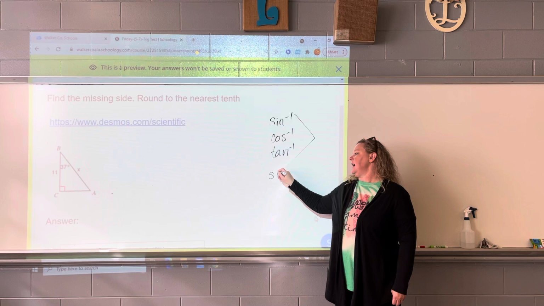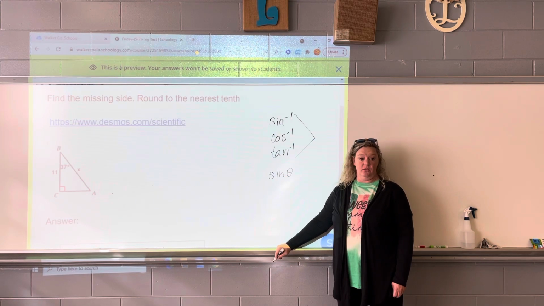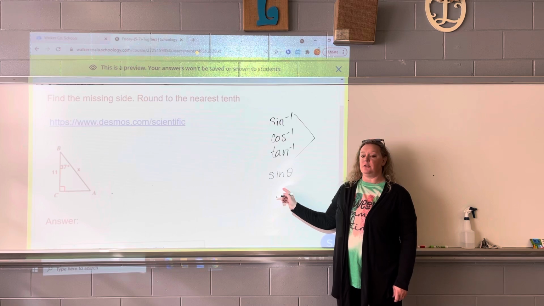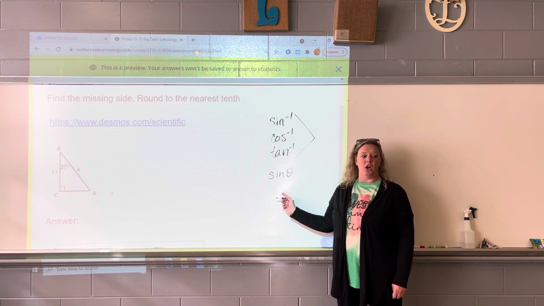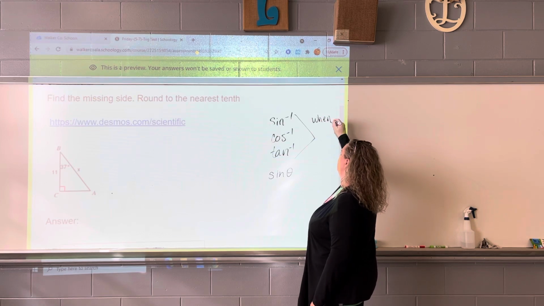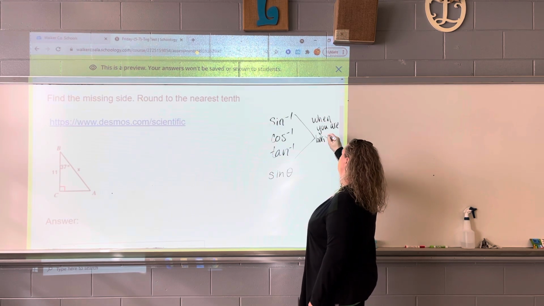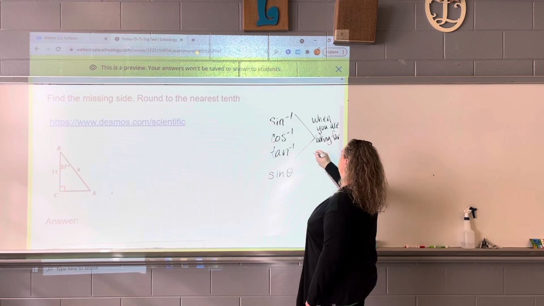So if I have sine of an angle I don't know, and I want to know the angle, that's when I'll do sine -1, right? To undo the sine. So this is when you're looking for the angle.